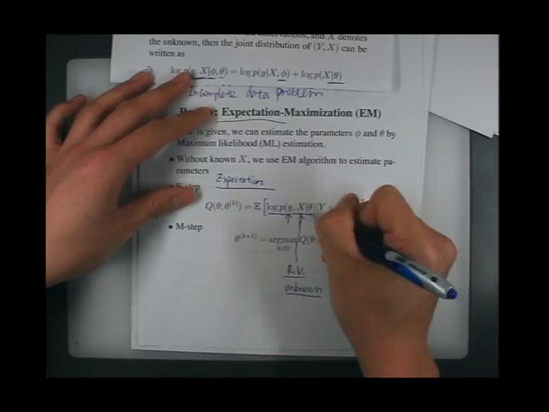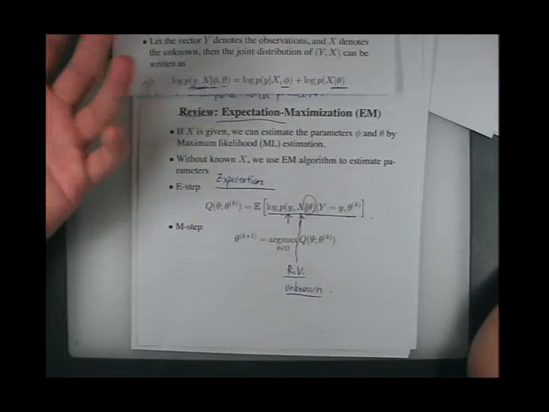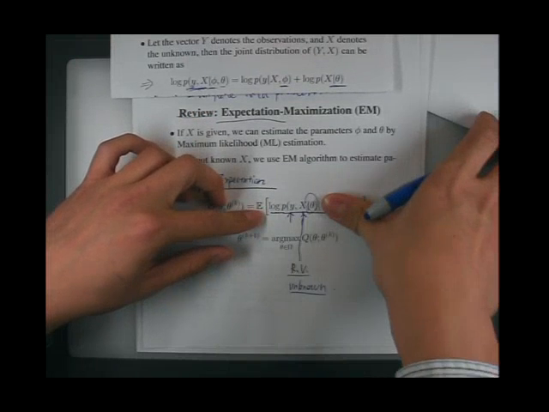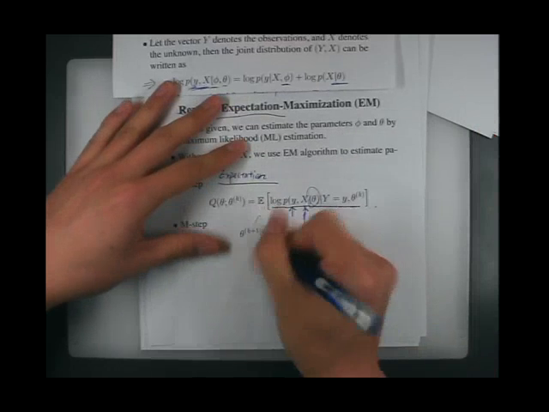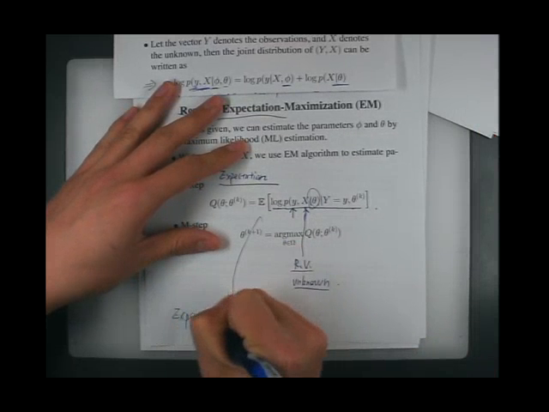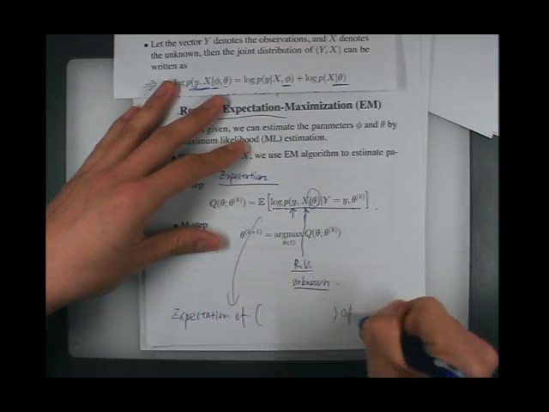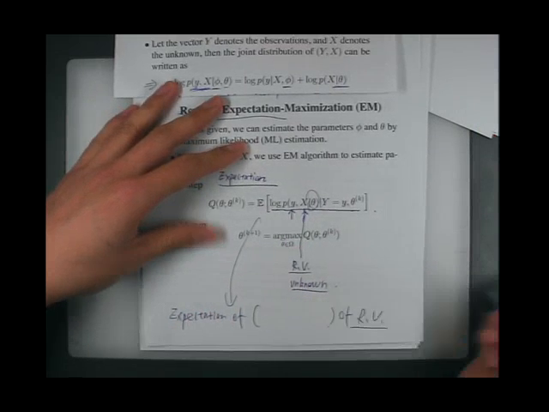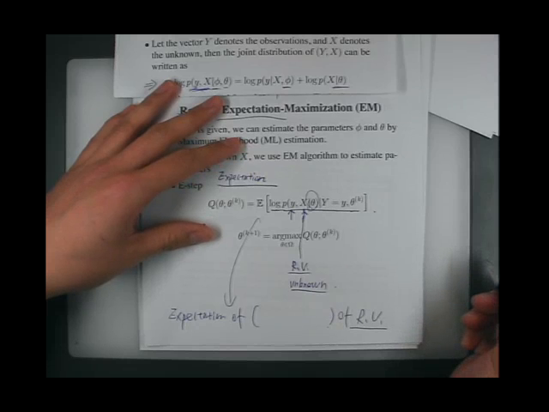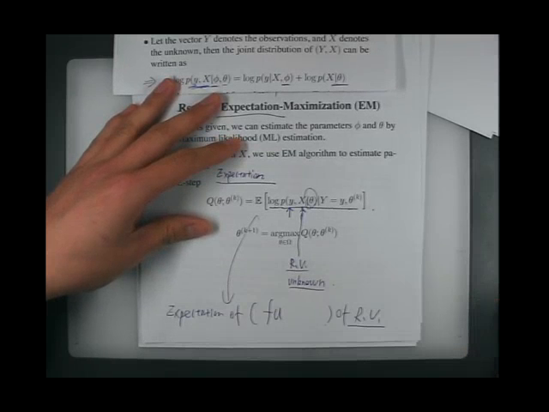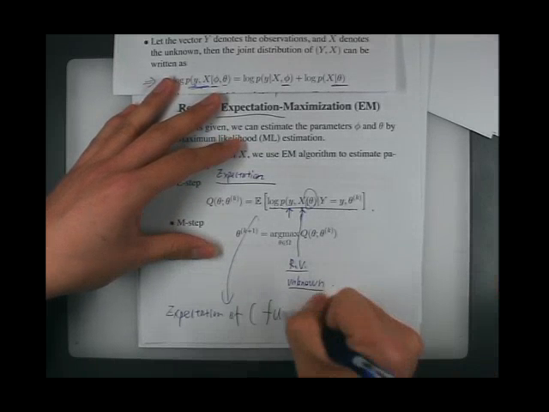And how about this theta? This theta is a parameter we try to estimate. So this is expectation of what of a random variable? Start with letter F, letter U. Yeah, exactly.